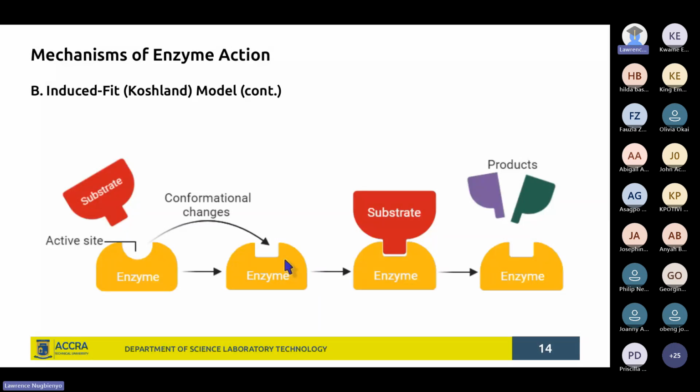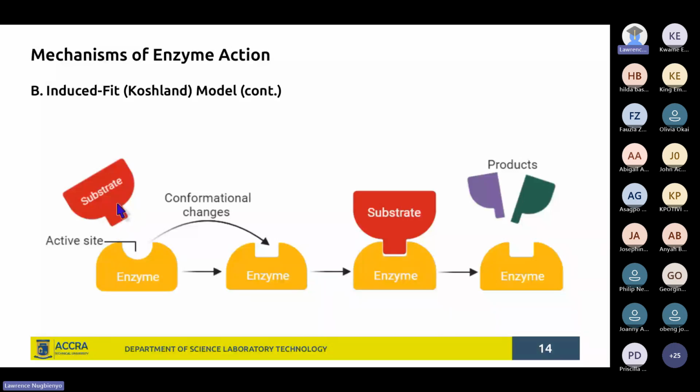So if you take the yellow objects as the enzyme, and the red is a substrate, what is being depicted here is that you have an enzyme, say at the beginning of the reaction, having an active site which has a round shape. But a part of the substrate, which is supposed to fit into the enzyme, has a square shape.